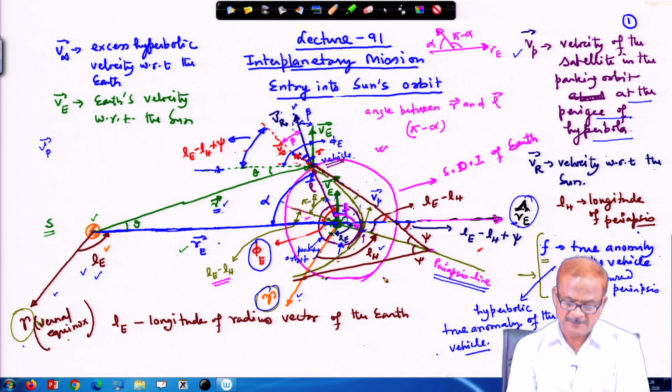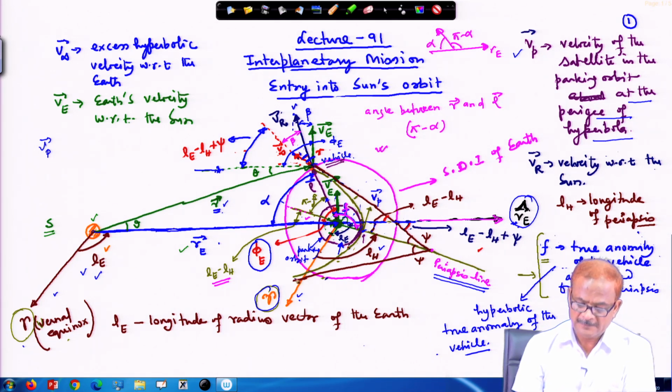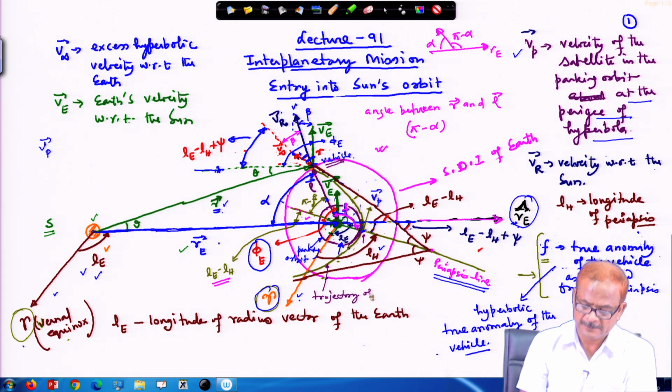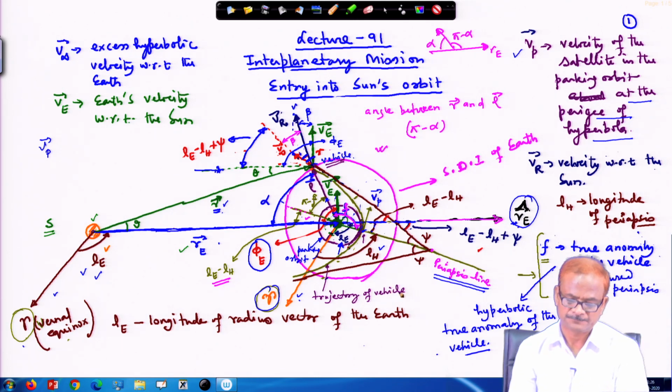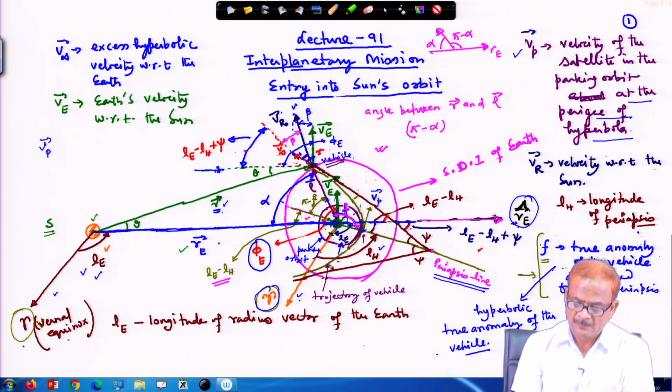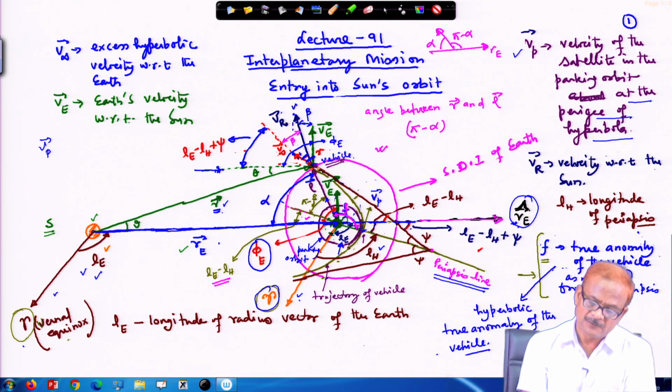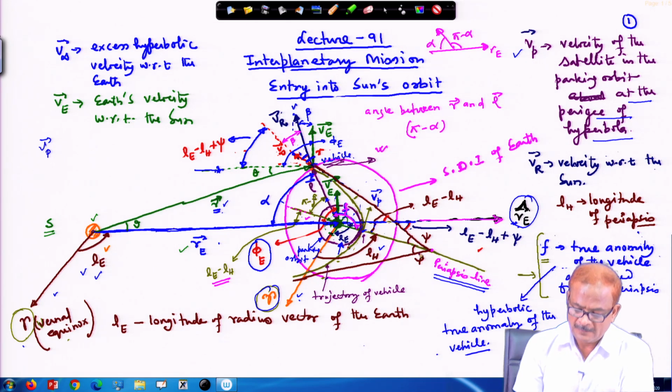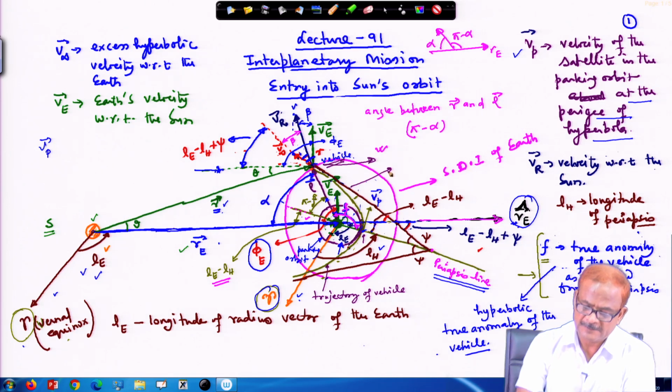So, all the angles we have to describe here. This light green line is the trajectory of the hyperbola, the trajectory of the vehicle. The satellite is coming out of the sphere of influence at this point, and these dark lines are the asymptotes of the hyperbola.